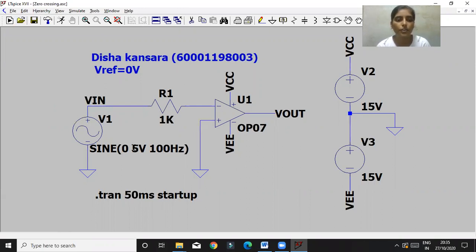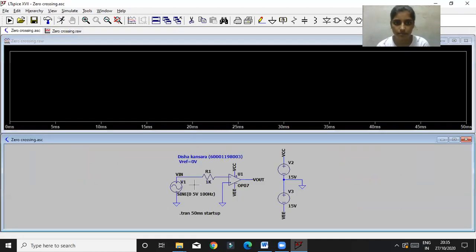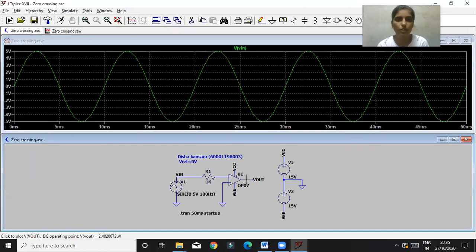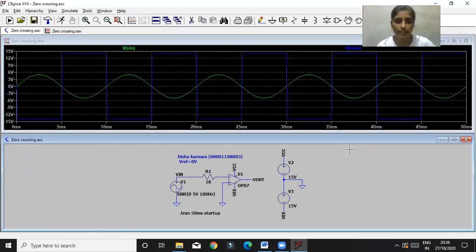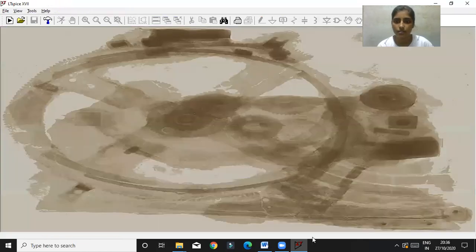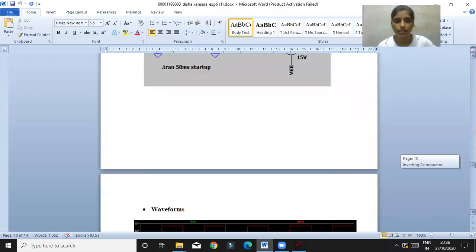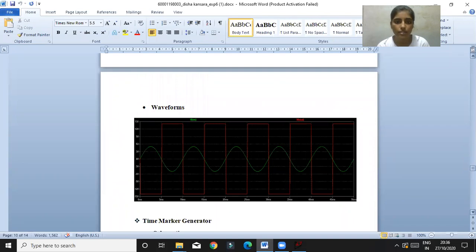I gave an input of 5 volts at 100 hertz frequency, where my Vref is 0 volts, and VCC and VEE are applied at 15 volts. So this is my output of the zero crossing detector.